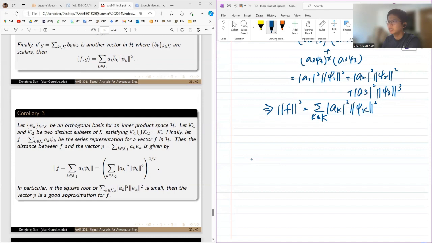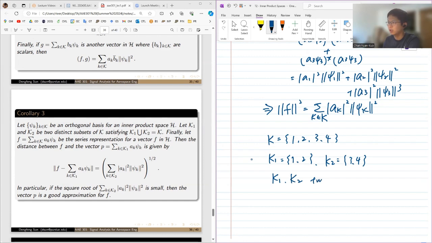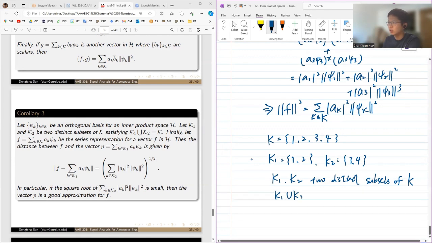So essentially, this means that if kappa is 1, 2, 3, 4, then we can let kappa 1 equal 1 and 2, and kappa 2 equal 3 and 4. So you can see that kappa 1 and kappa 2 are two distinct subsets of kappa, and the union of kappa 1 and kappa 2 will be kappa.